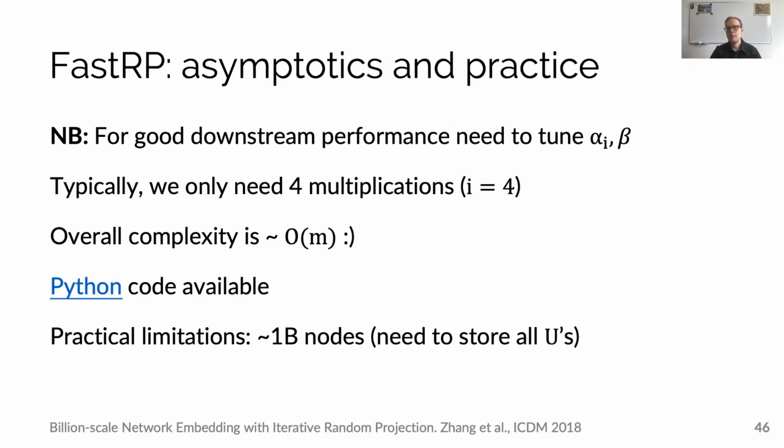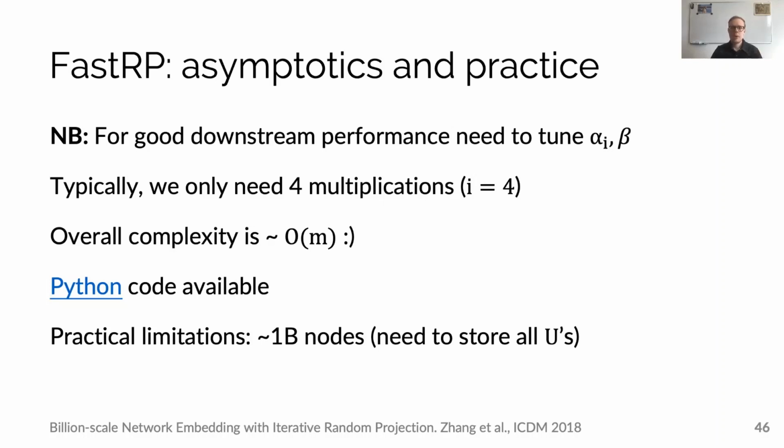The practical limitations are still the same. When you go this far in scalability, the main limiting factor is actually not compute but memory. Because you need to store all the embeddings, it's again approximately 1 billion nodes on a good server machine with, let's say, 1 terabyte of RAM.